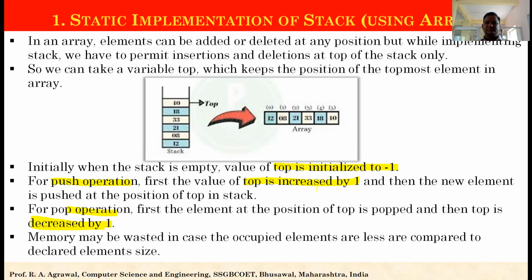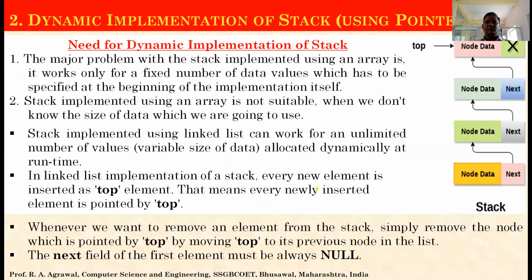Next, dynamic implementation. What is the need for this dynamic implementation? The major problem which we discussed previously is that the stack works only with a fixed number of data values, which are to be specified at the beginning of the implementation itself, which means at compile time. During compile time itself, you have to allocate the total number of nodes you will be working with.